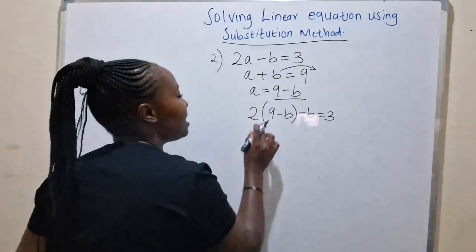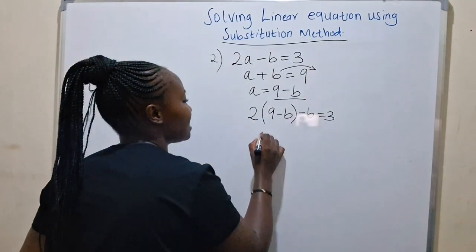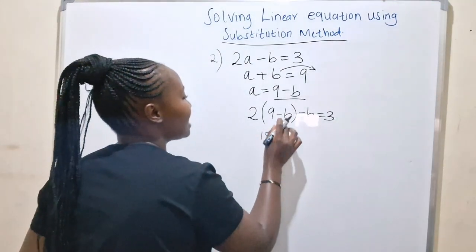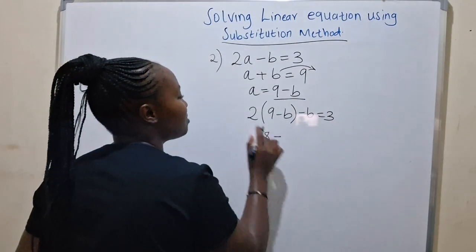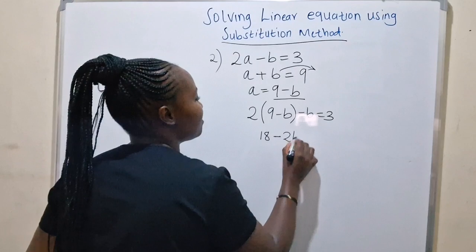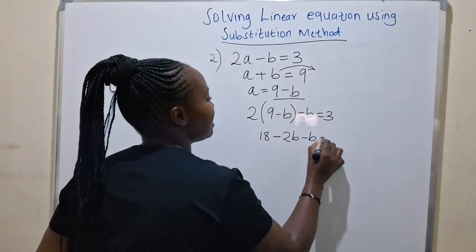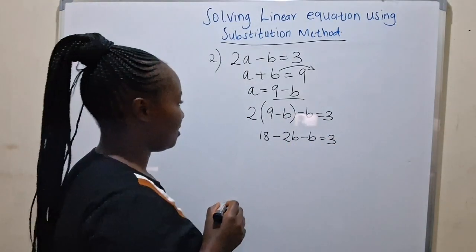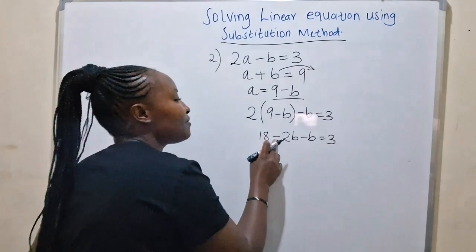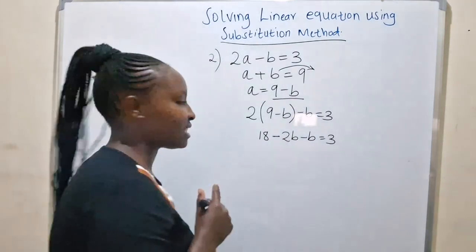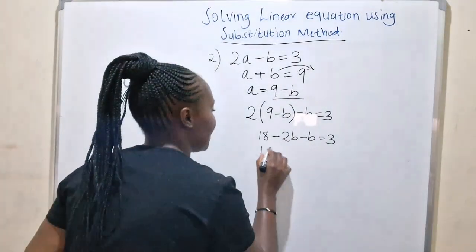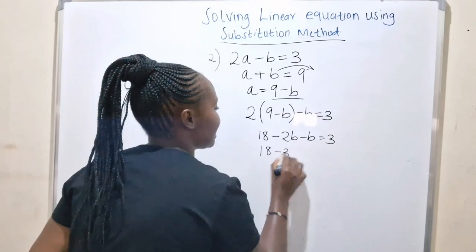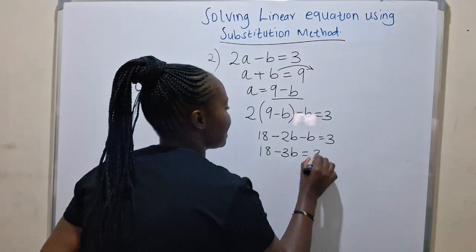Open the bracket: 9 times 2 is 18. Negative b times 2 is negative 2b. Then you subtract b, equals 3. So negative 2b minus b is negative 3b. You'll find that 18 minus 3b equals 3.